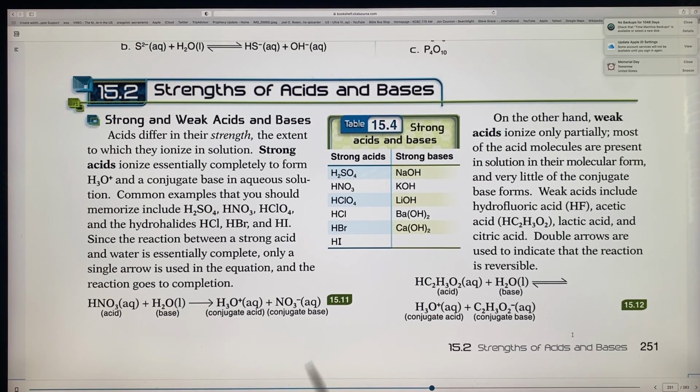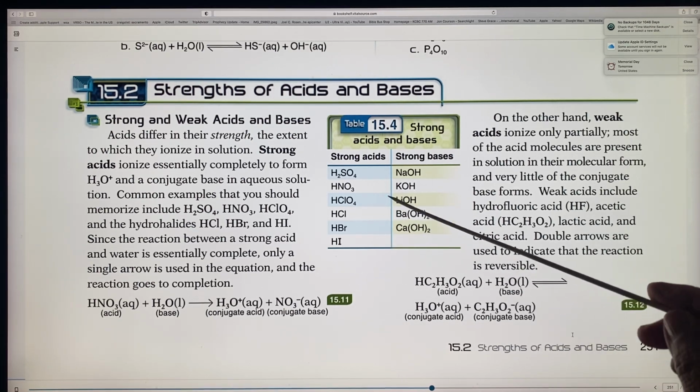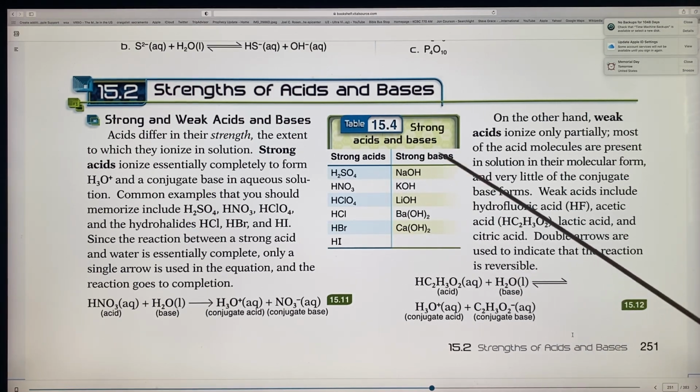So here are some strong acids and bases. You can look back at this table. Bromine, iodine, and chlorine combined with hydrogen produce hydrochloric acid, hydrobromic acid, and hydroiodic acid, and all of these are strong.